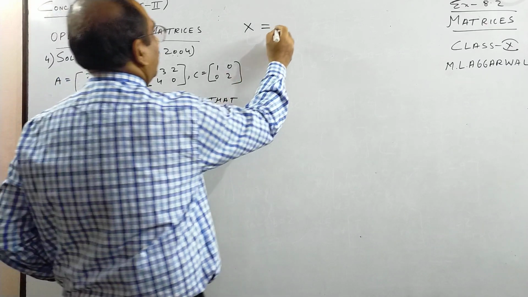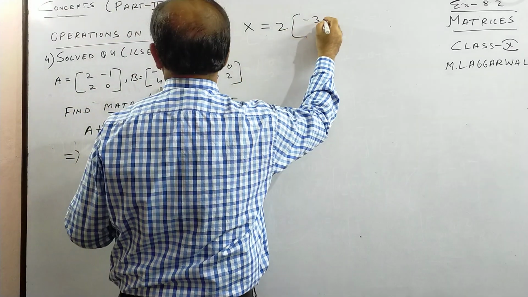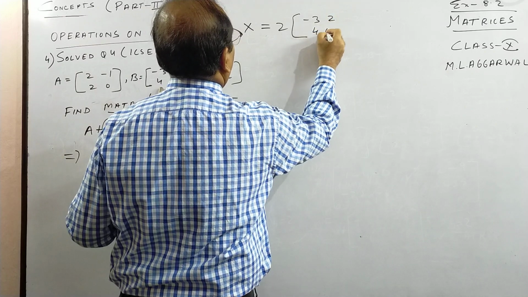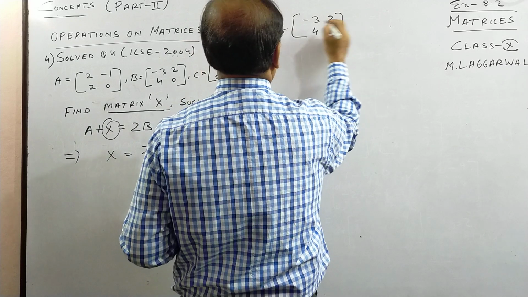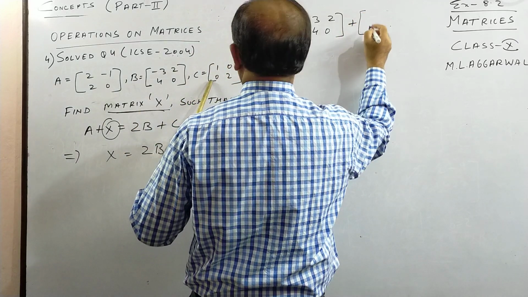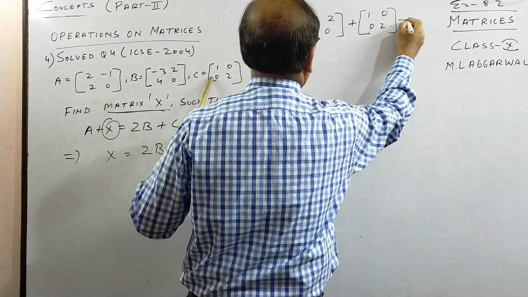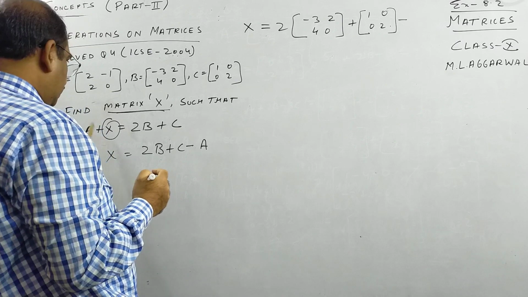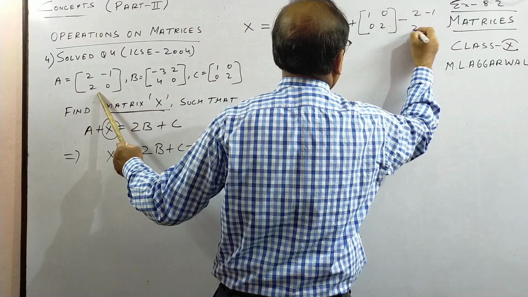So 2B is minus 3, 2, 4, 0, plus C is 1, 0, 0, 2, minus A comes to this side as we see, 2, minus 1, 2, 0.